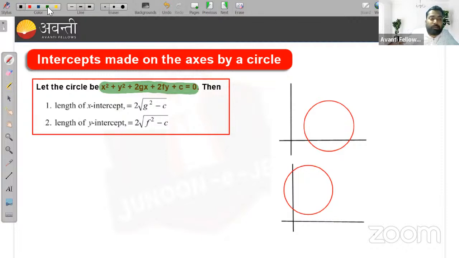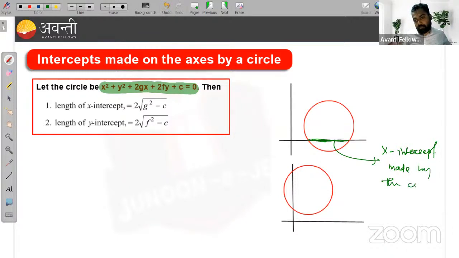Suppose this is my x-intercept made by the circle, and if this is AB, then the length of the x-intercept will be 2 into root of g square minus c.